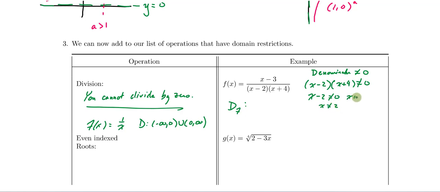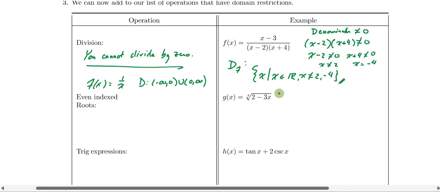And x plus 4 cannot equal 0, so x cannot equal minus 4. So giving the domain here in set builder notation, it's a set of x such that x can be any real number, except that x cannot equal 2 or negative 4. By the way, we did a whole pre-work looking at the domains of rational functions already in this course.